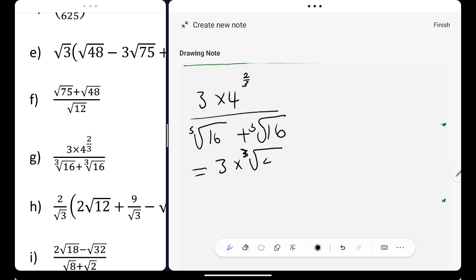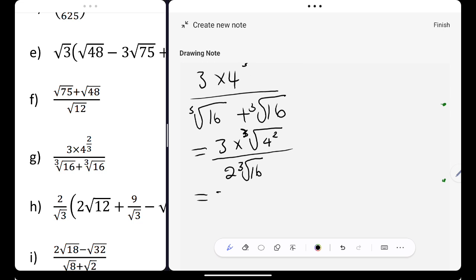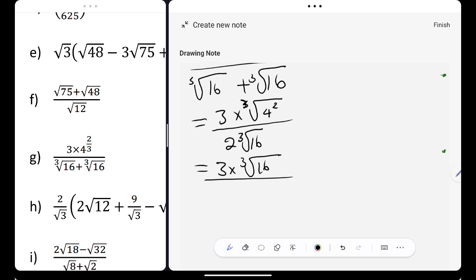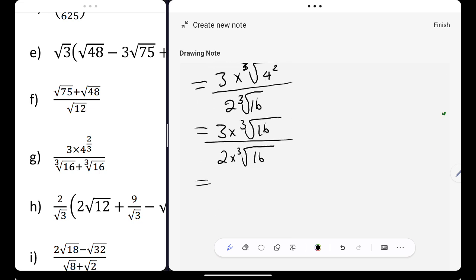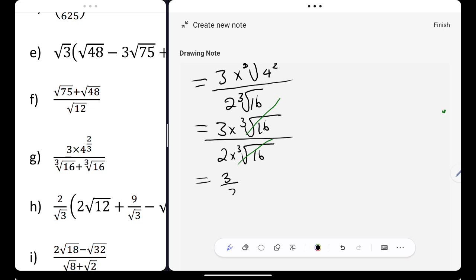So this is the cube root of 4 squared. Are you together? Here I'm adding two things that are the same. It's 2 times the cube root of 16. 3 multiplied by the cube root of 16 all over 2 multiplied by the cube root of 16. These two will cancel one another, and then I'll have 3 over 2 as my final answer.